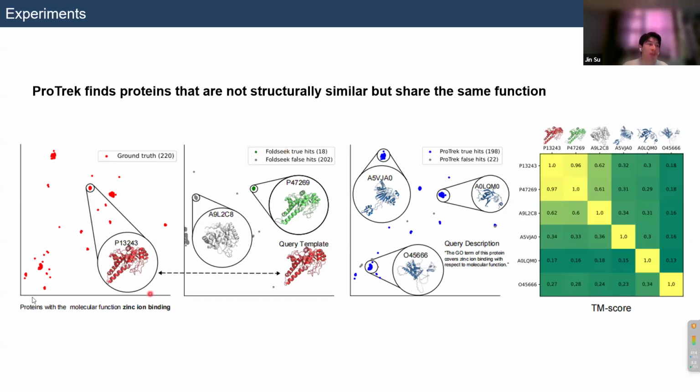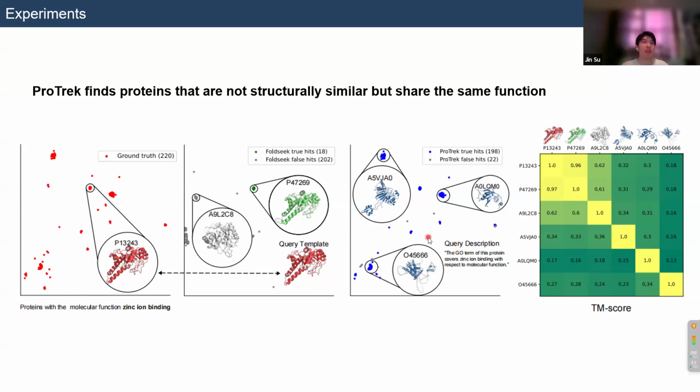However, if we input this text description to ProTrek and do text to protein retrieval, you can find that 198 hits are true and only 22 hits are false. So this shows that ProTrek can find some proteins that cannot be found by Foldseek.